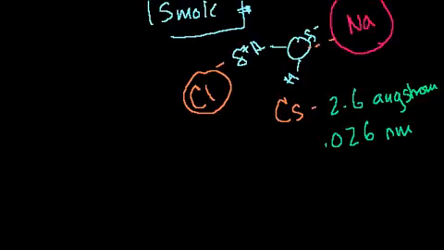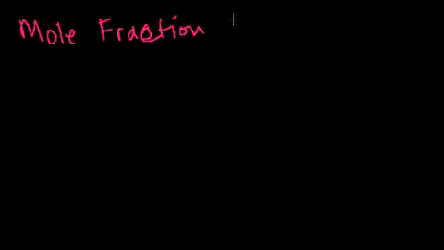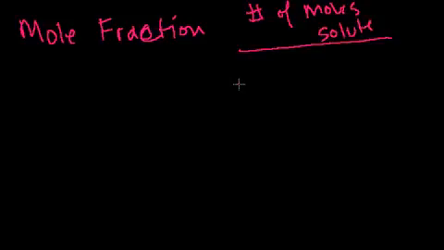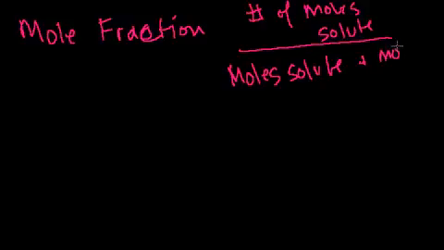So the next question is, well, how do you measure these things? And there's a lot of different ways to measure concentration. We already actually used one of them, which is mole fraction. And this is the number of moles of solute divided by the number of moles in the whole solution, or moles of solute plus moles of solvent.